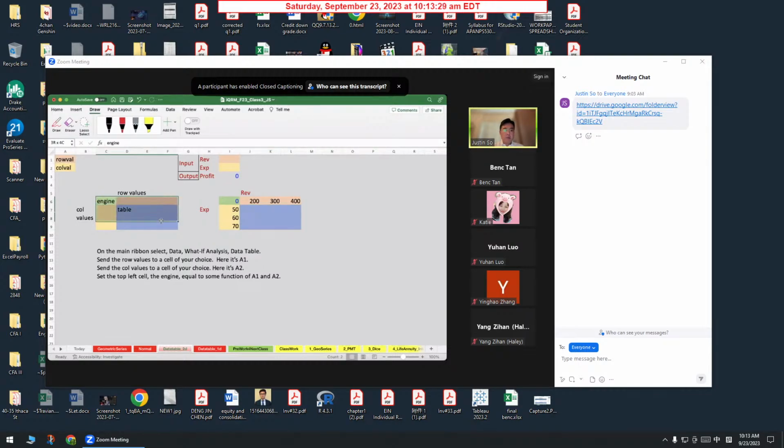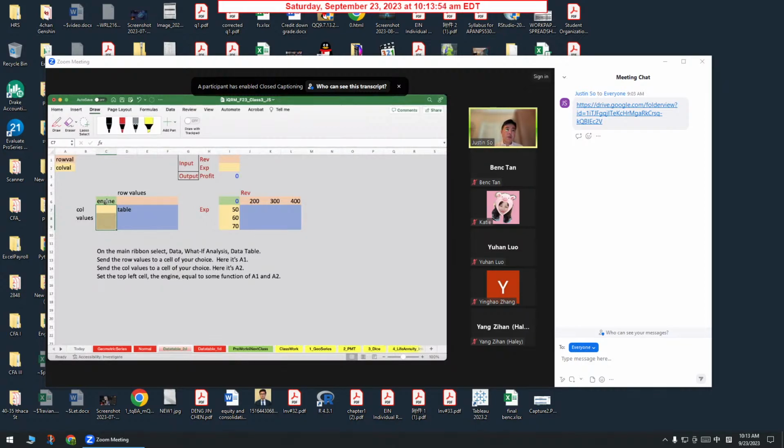There are tables here. We want to calculate many values depending on the scenario. So we have scenarios of numbers, but we want to see the result in a table format. There are two inputs. The row values are one input and the column values are another input, right?